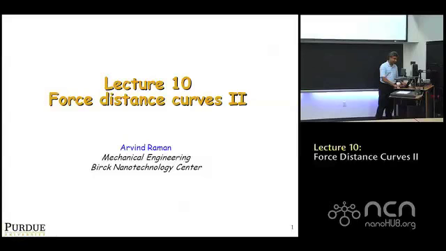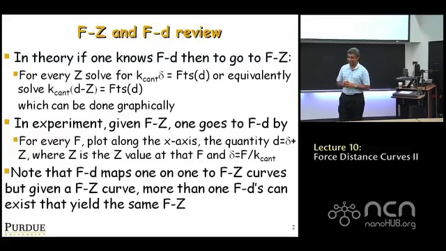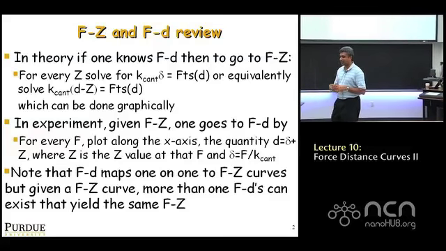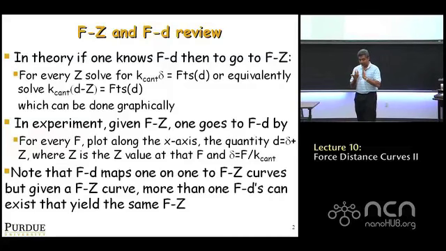Okay? All right. Let's do a quick review, just in case you still have some questions. The lowercase d is basically the gap between the tip and the sample. When d is positive, you have a gap. When d is negative, you're indenting the sample.